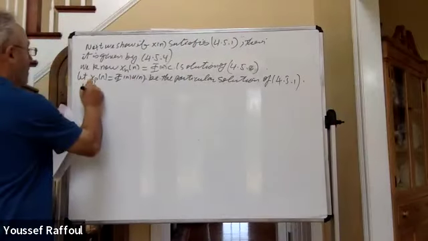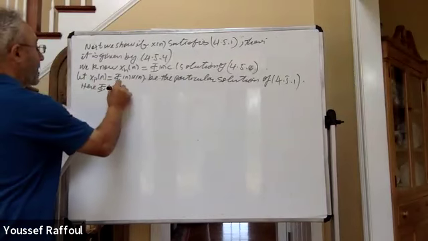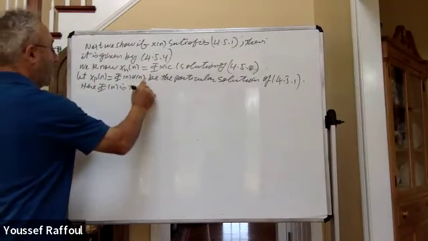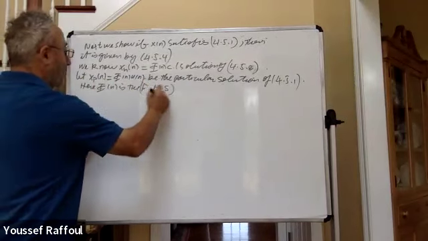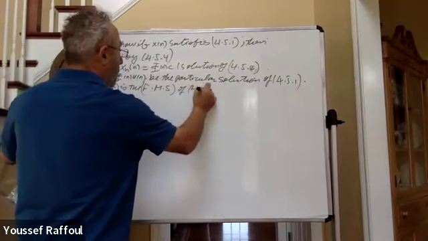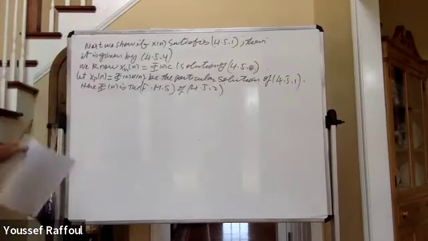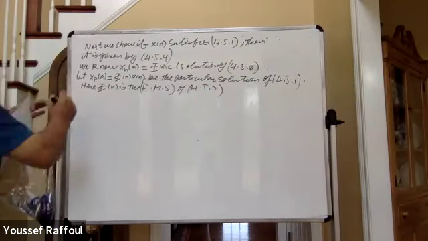So here, phi n is the fundamental matrix solution of 4.5.2. So we need to find un.